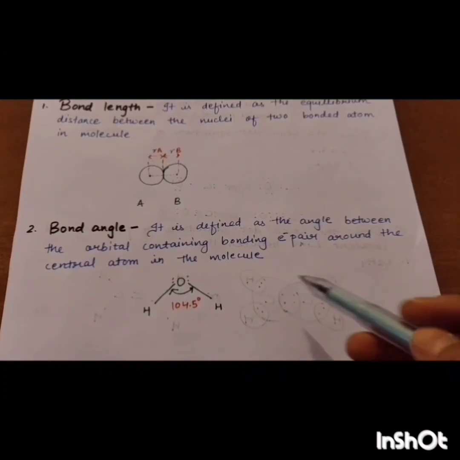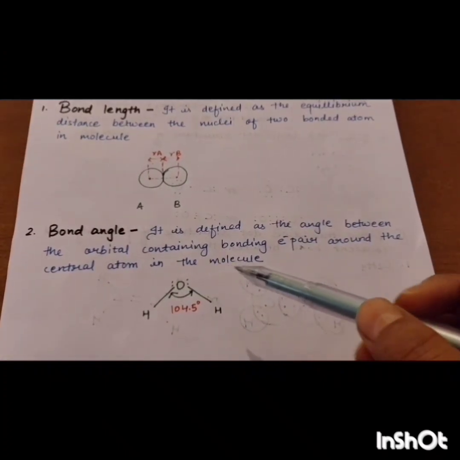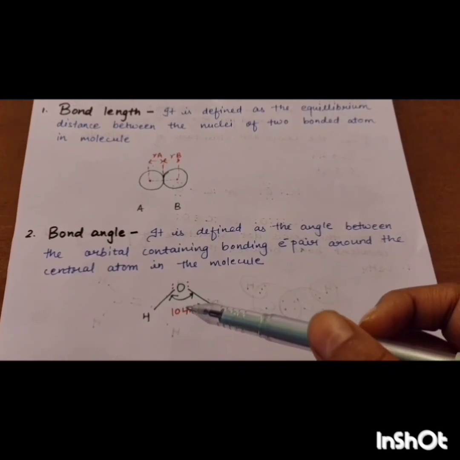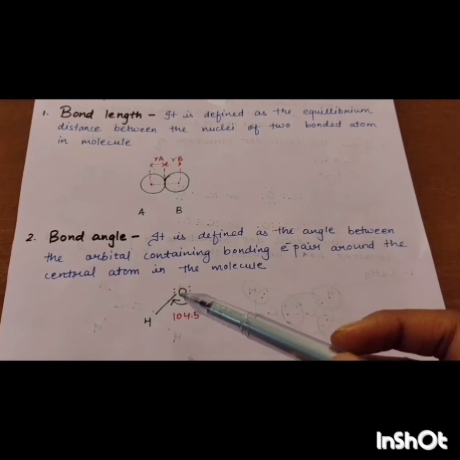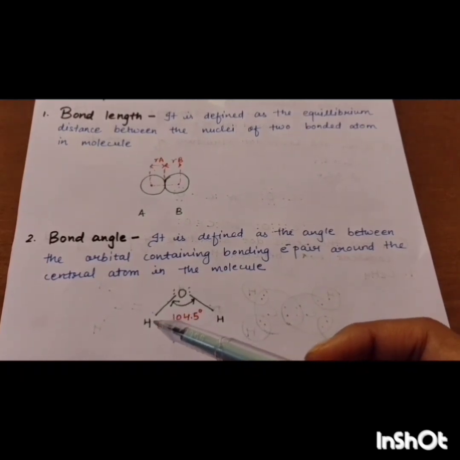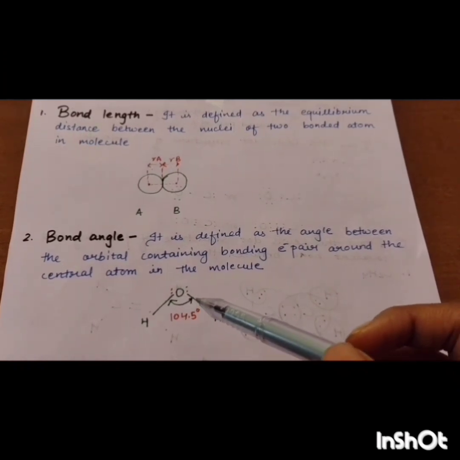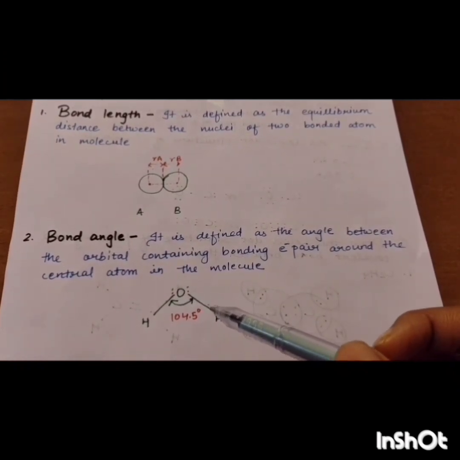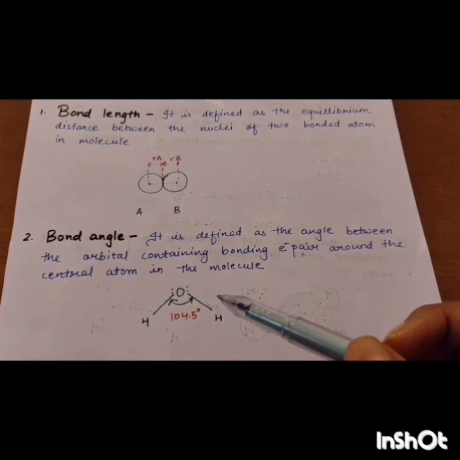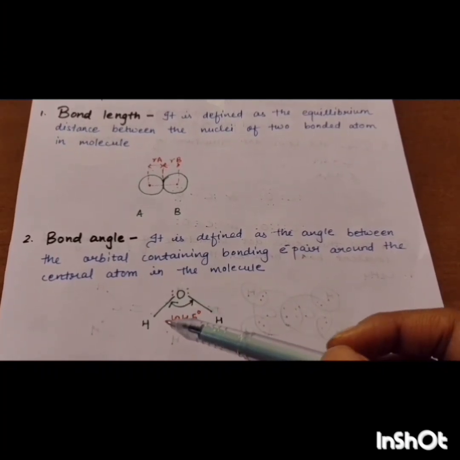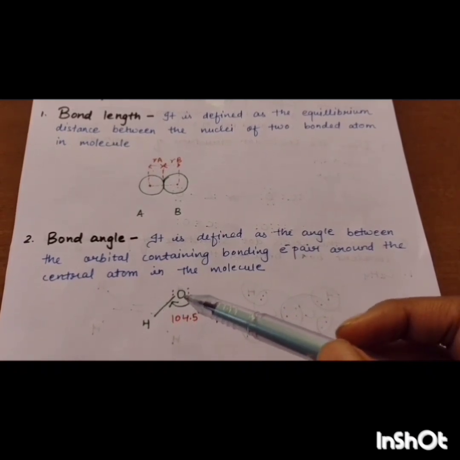Topic is bond angle. It is defined as the angle between the orbitals containing bonding electron pairs around the central atom of the molecule. Here this is a bonding electron pair, and this is also a bonding electron pair, as you have discussed in the previous class, and this is the central atom.